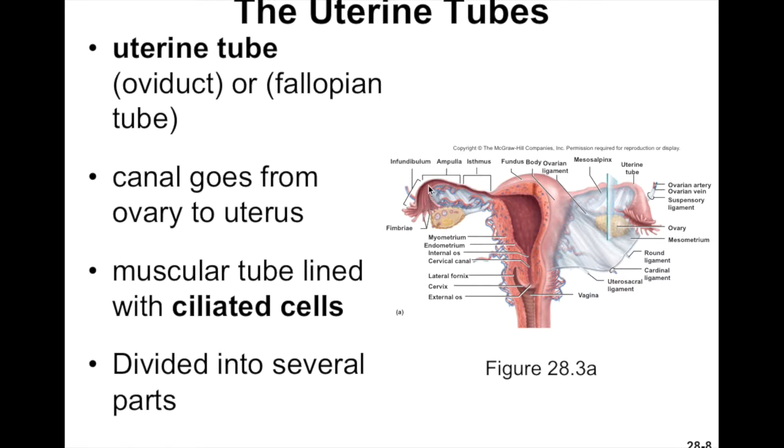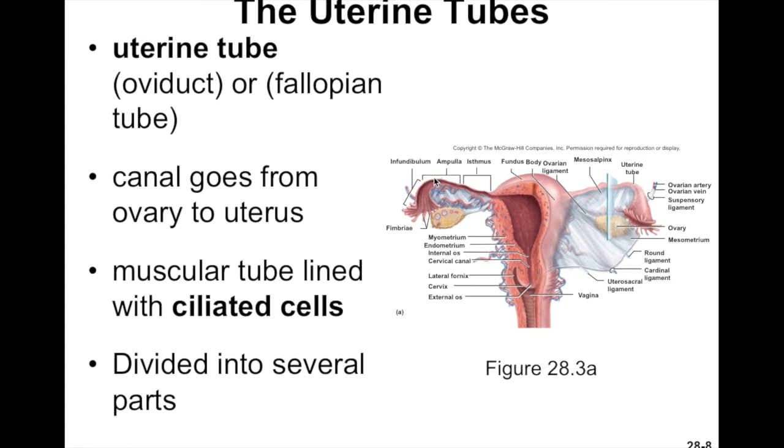It's a very muscular tube, and you can kind of imagine why it needs to move, right? So as it squeezes and moves along, it's going to move that oocyte further down towards the uterus. In addition, the cells in here are ciliated.